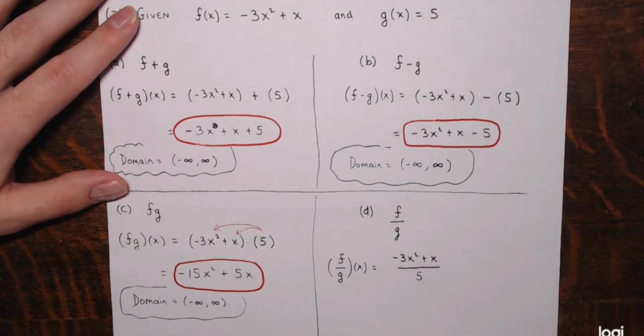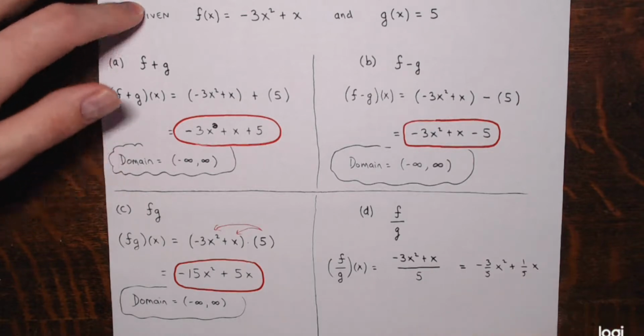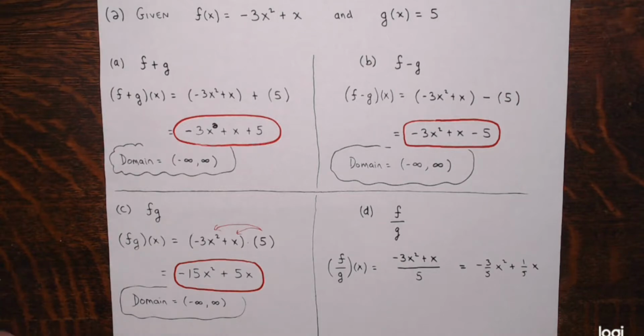Notice the denominator is always 5, right? The denominator will never be 0. So the domain is once again all real numbers, and this is fine. Or you could actually divide each term by 5 and get negative 3/5 x squared plus 1/5 x. Either one of these is fine. I'll just circle this first one.